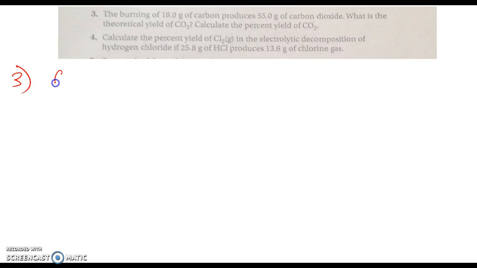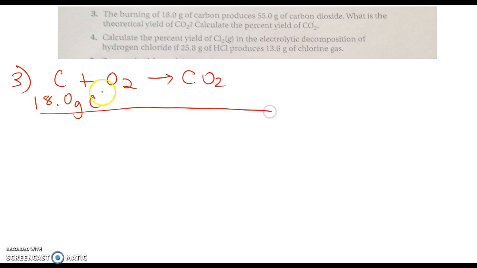So the first thing we need is the chemical reaction here. Notice that's already balanced. So we were given 18.0 grams of carbon, right? We want to see how many grams of carbon dioxide we would get theoretically if we got everything we were supposed to get.